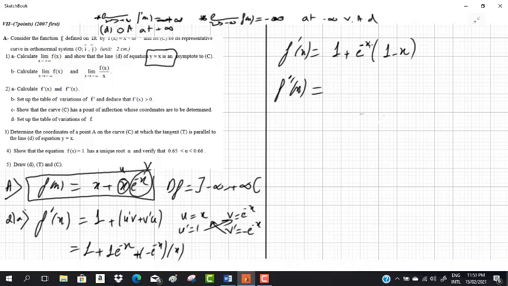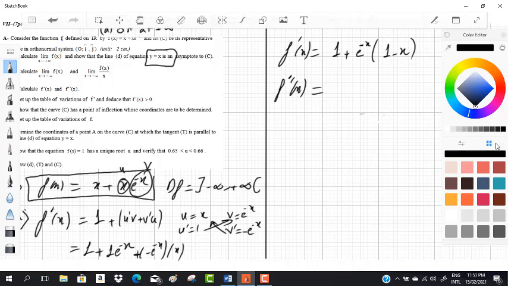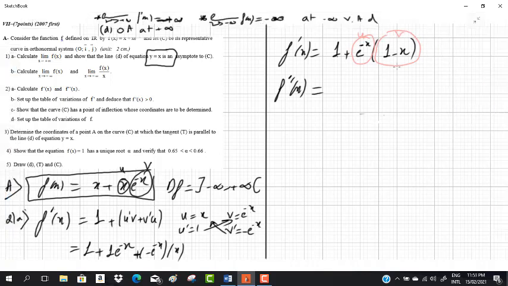The derivative of the product of these two factors is also in the form u dot v. This is u and this is v, and the derivative of u dot v equals u prime v plus v prime u. U is e minus x, so u prime is minus e minus x. V is 1 minus x, so v prime equals minus 1.